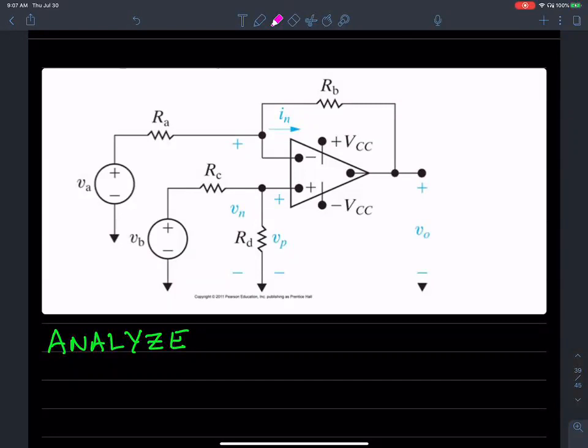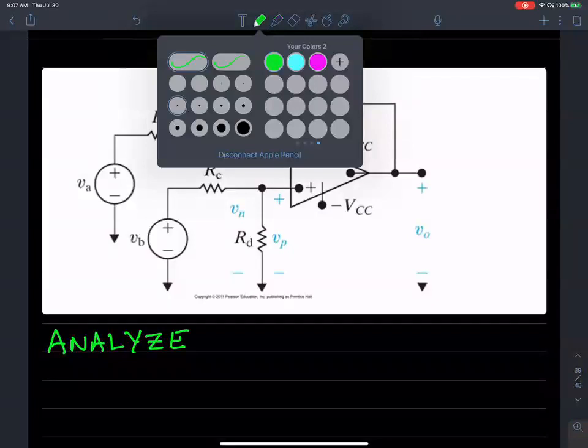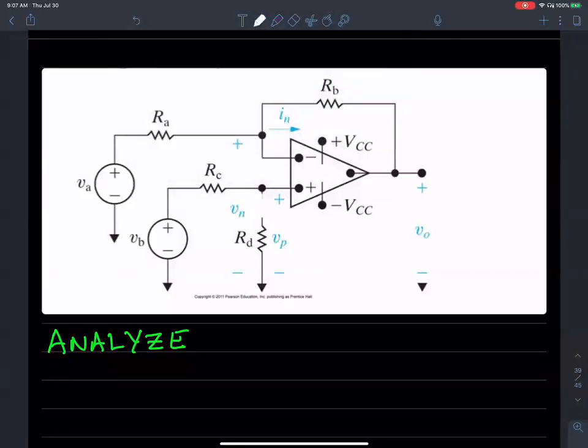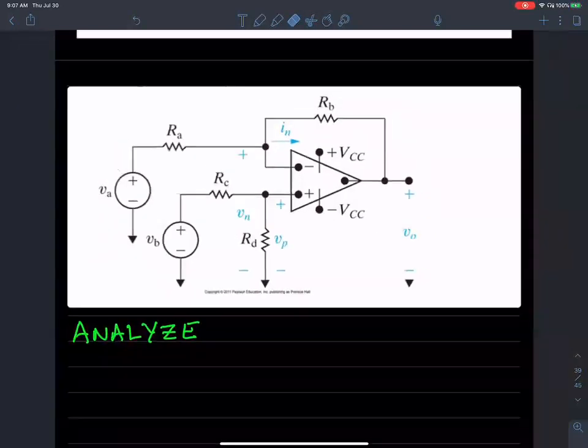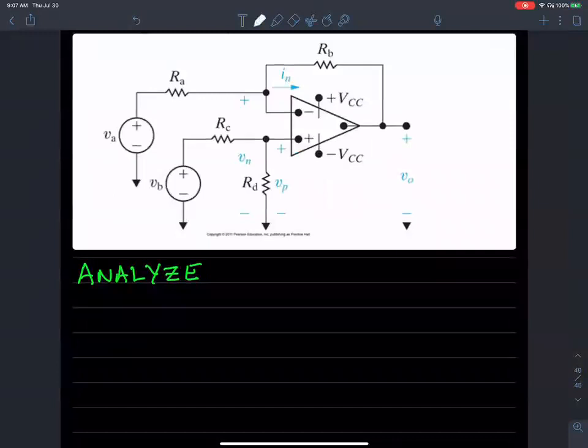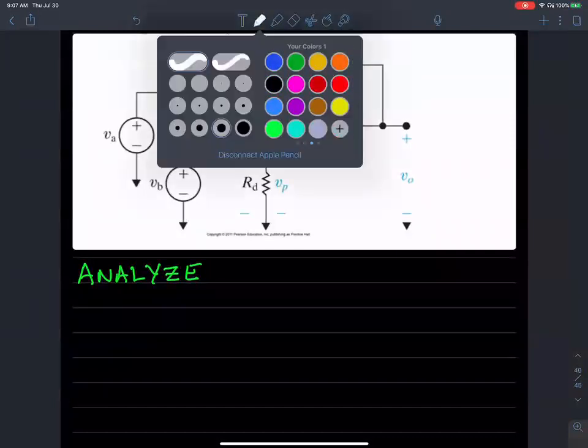This is slightly different. It's not terribly different. It's a very small modification of what we already saw earlier. I showed you how to solve when there is an input VA and an input VB without the additional resistance. So take a minute to solve this circuit using the two steps that I showed you. What were the two steps again? Let me go back.